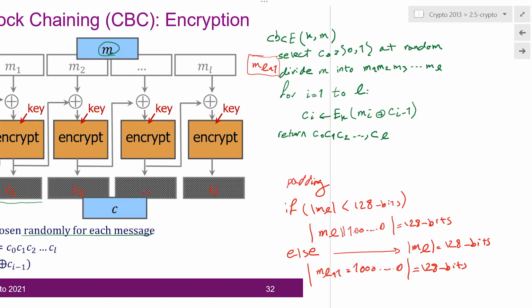The advantage of the earlier scenario versus the student's idea is that for the student idea, we always have to send an extra block no matter what, and that block indicates the number of bits that are noise or padding. But in the earlier scenario, whenever the last block has less than 128 bits, we don't have to transfer an extra block of message.